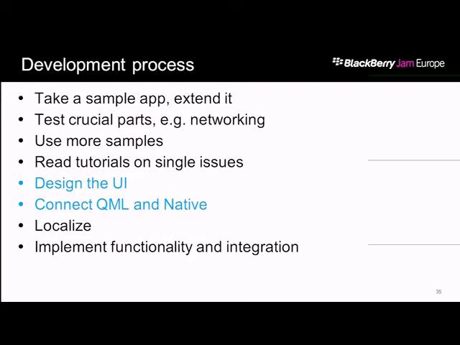So basically, you can look up Qt samples on the web and use a BlackBerry repository on GitHub. They have lots of samples for many use cases. I was going for single issues. So if I wanted to figure out how to do something, I tried to find a sample that covered that and implemented it. Then the UI is separated now from the native code.